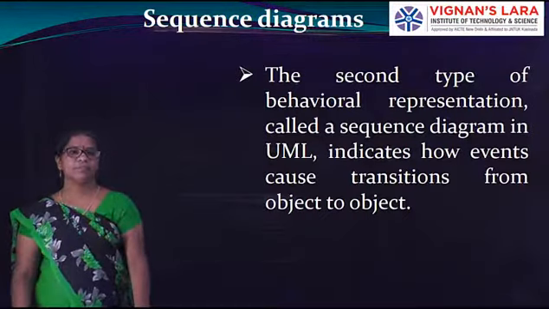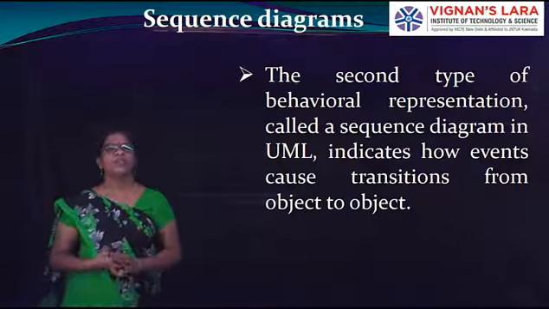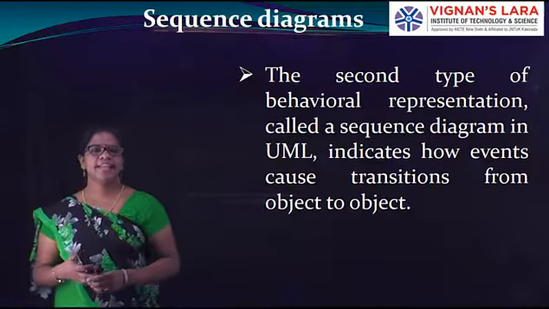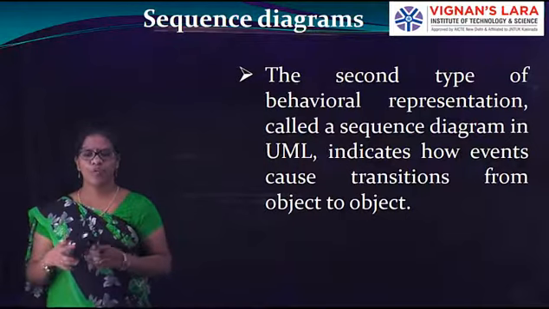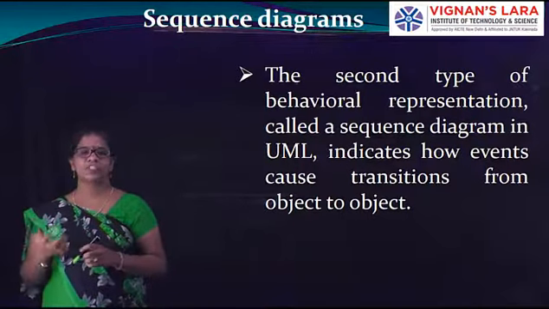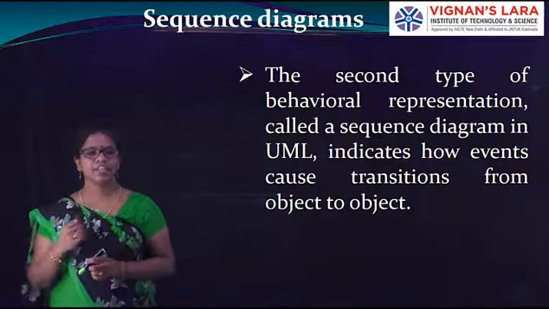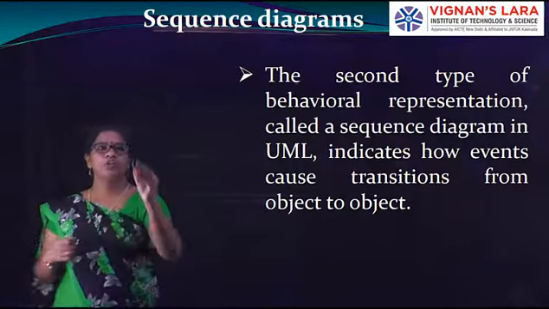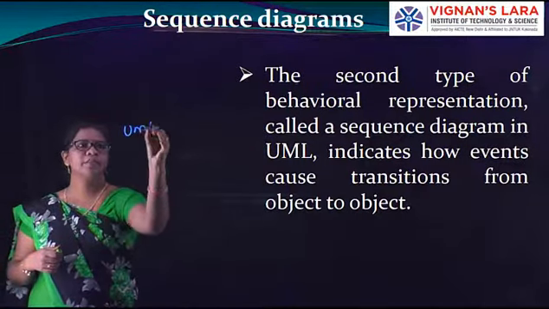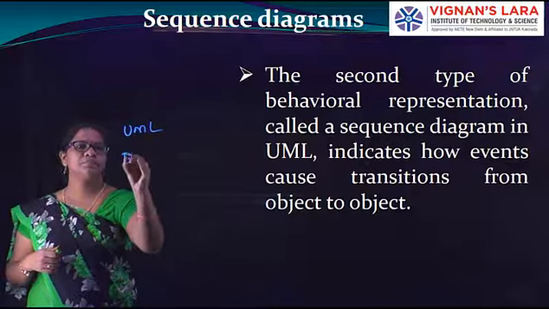So next, coming to the sequence diagram. What is the sequence diagram? The second type of behavioral representation. Sequence diagram and state diagram are the behavioral diagrams. So UML diagrams are classified into two types. One is behavioral.